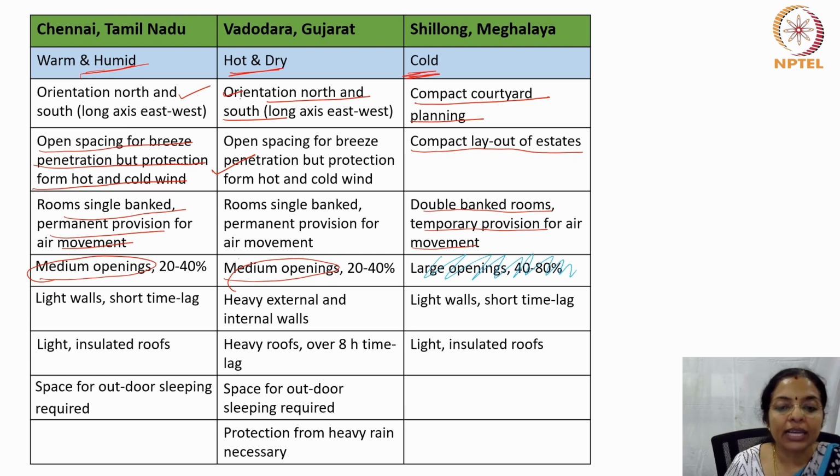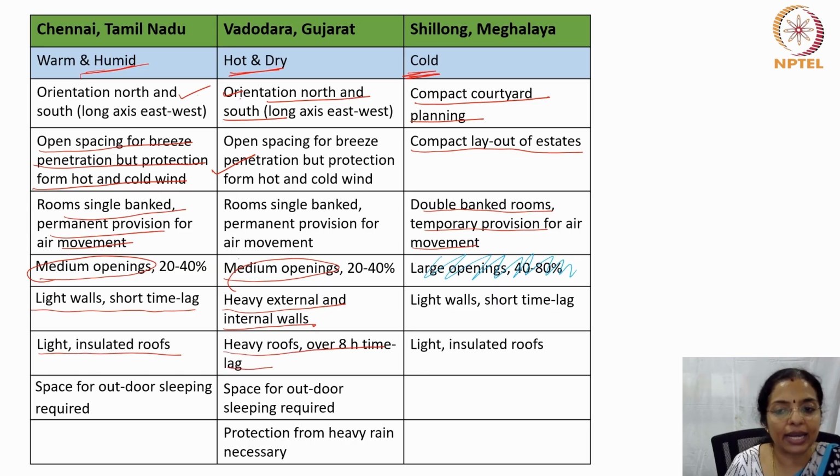Now, the walls for warm, humid should be light wall with short time lag. And for hot, dry, it should be heavy external and heavy internal wall. Whereas for Shillong, it should be light walls with short time lag. Again, roof for warm, humid is light insulated roof. Whereas for Vadodara, it is heavy roof with 8-hour time lag.